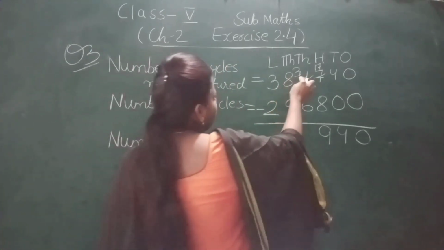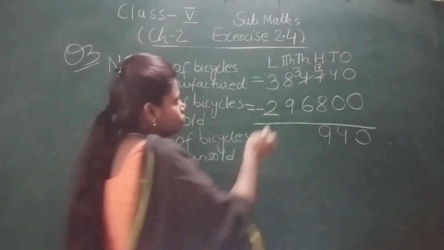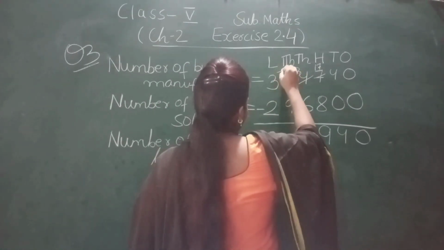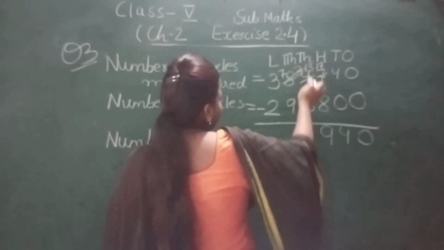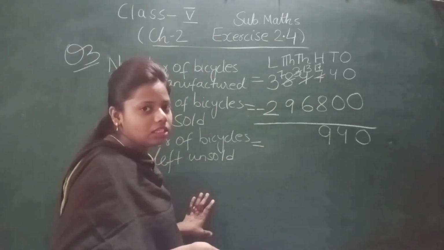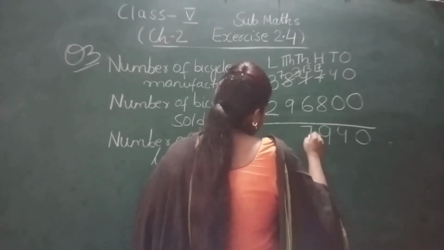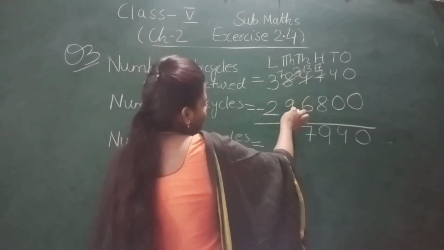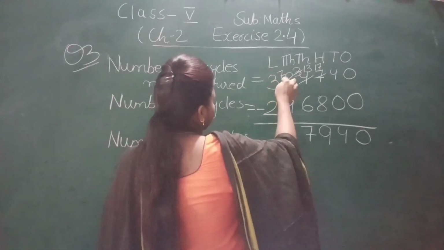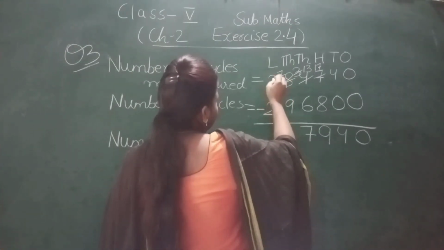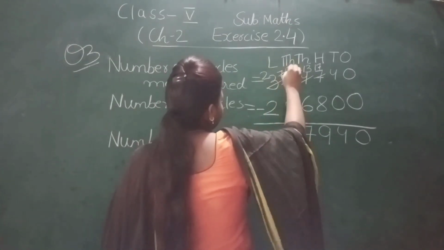Now from 3 we cannot subtract 6. So 3 will take borrowing from this 8. 8 will become 7, 3 will become 13. Now 13 minus 6 is 7. Now 7 minus 9. We cannot subtract 9 from 7. So this 7 will take borrowing from this 3. 3 will become 2, 7 will become 17.